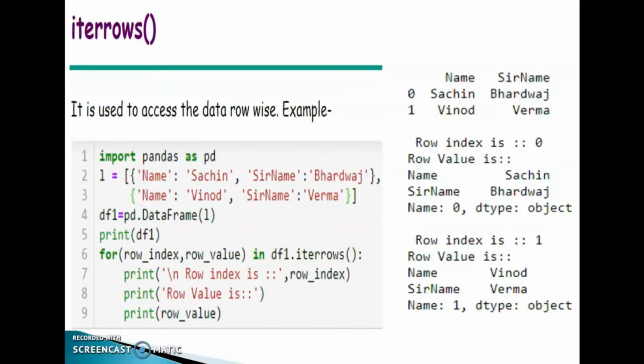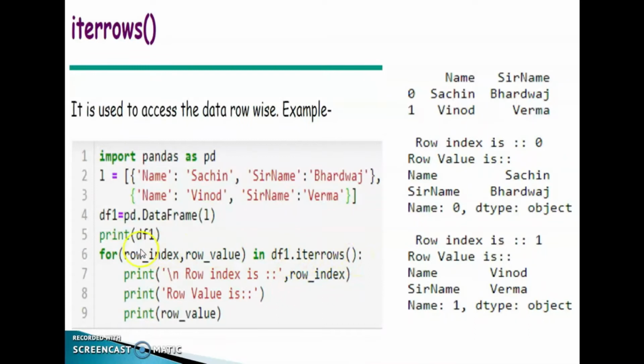Then the next one, the iteration process. How can we access the data row wise from this data frame? For that, we have to use the for loop. Consider this one. Check the syntax. For, within this parenthesis, we specified two variables, row index, comma, row value, in df1 dot iterrows function.